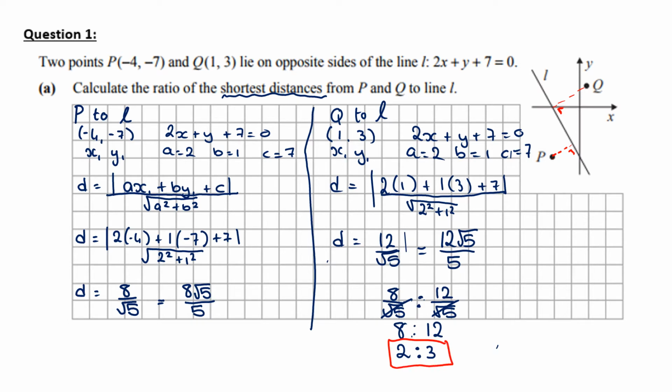This is a really good example where leaving it in surd form makes the question and your answer a lot easier than if you were to try to use decimals or rounding it in some way. If you use decimals, you might not get this really nice cancellation that happens here at the end. So oftentimes it's in your interest to work with fractions and surds rather than changing things into decimals.